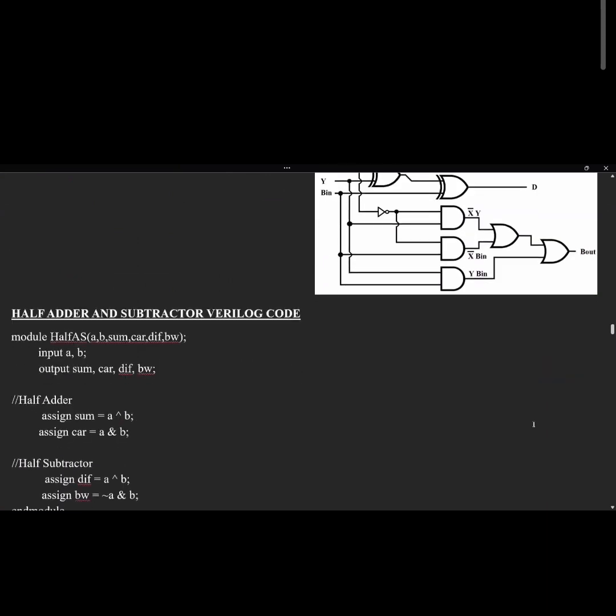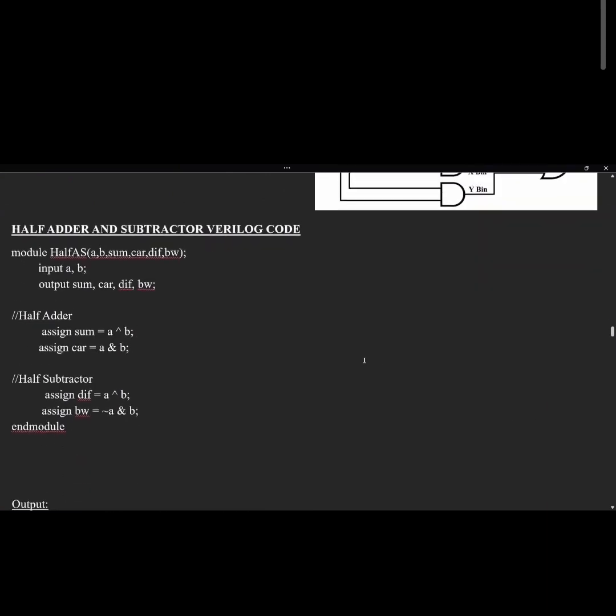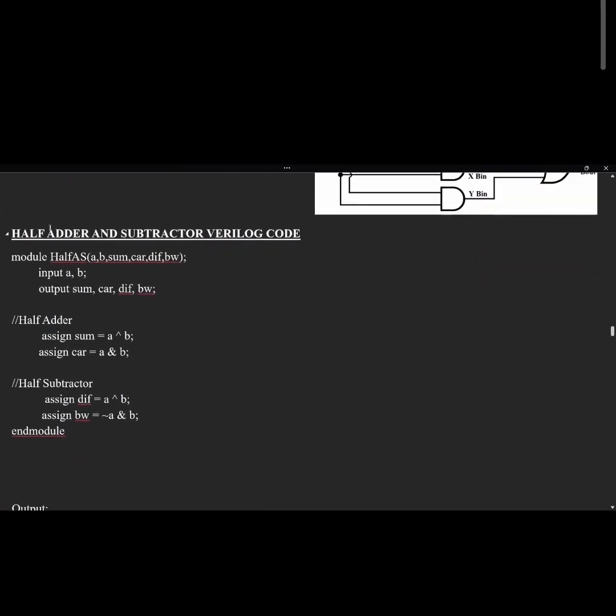And next we have to write the Verilog code for the half adder and subtractor module. Here we can give the module any name, and inside this we have to write inputs and outputs. A, B are inputs; sum, carry, difference, borrow are outputs.